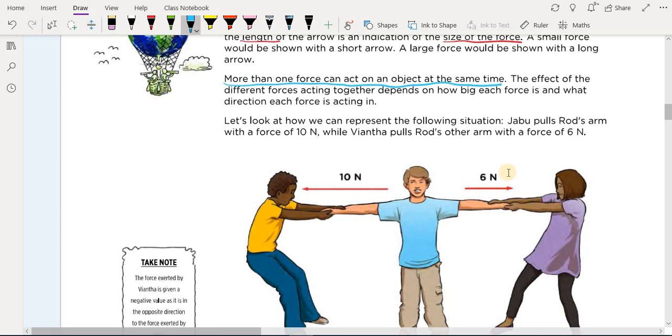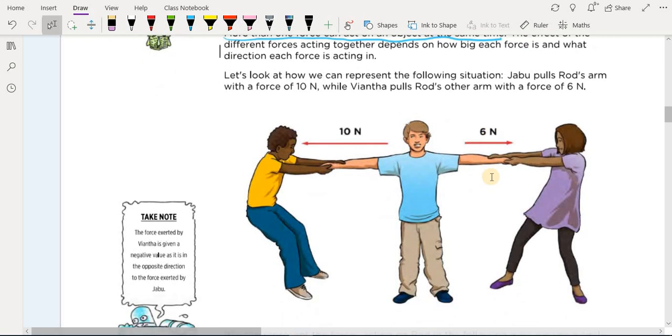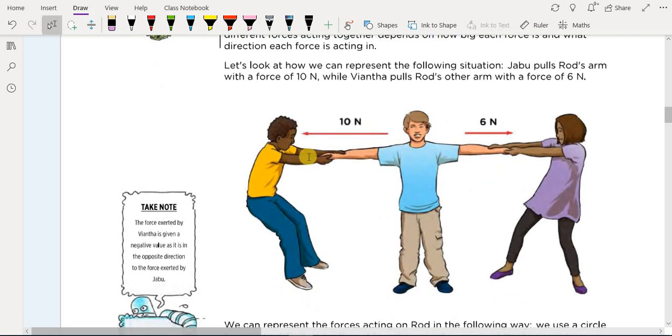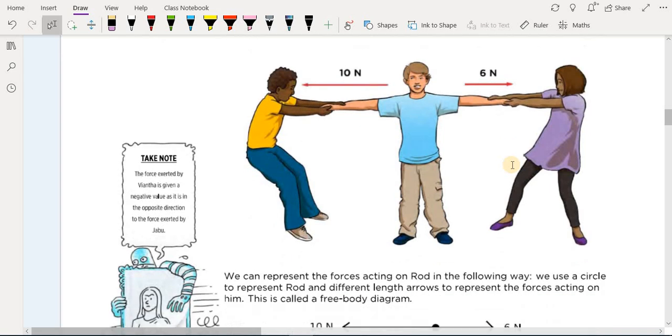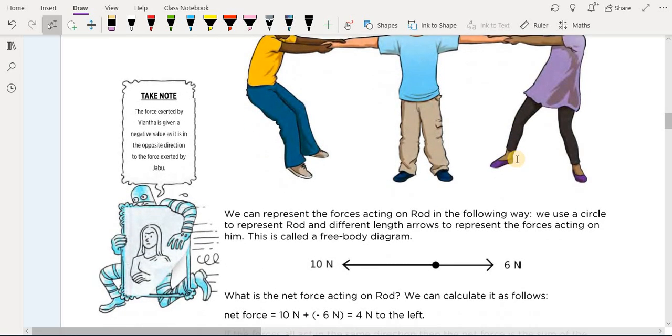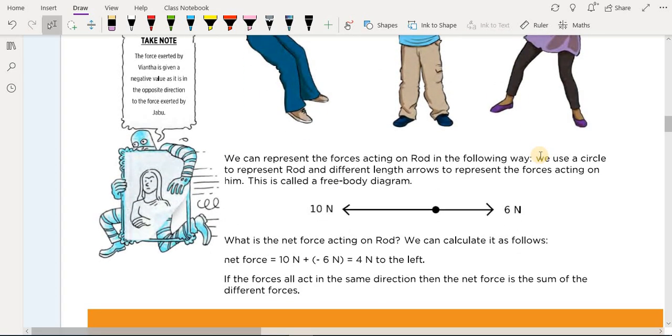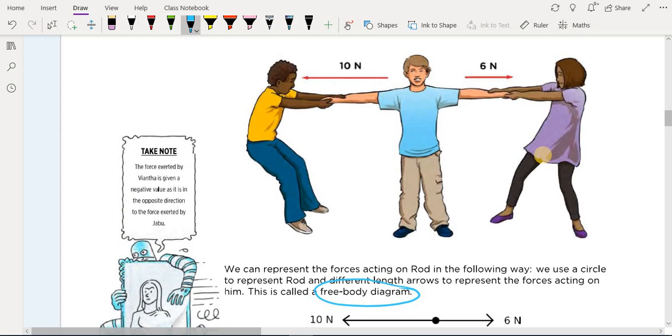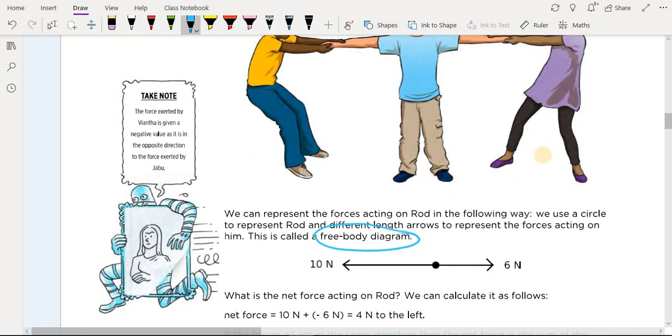Here's an example of this boy's arm being pulled, 10 newtons being pulled to the left, 6 newtons being pulled to the right. And what we've spoken about in the previous lesson is an example of taking that and putting it into what we call a free body diagram. Okay, so this boy in the middle, his name is Rod. And so that would be Rod over there, represented as a dot.